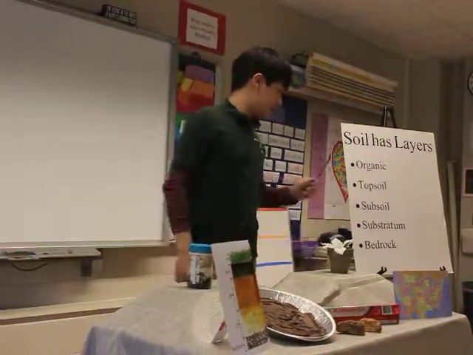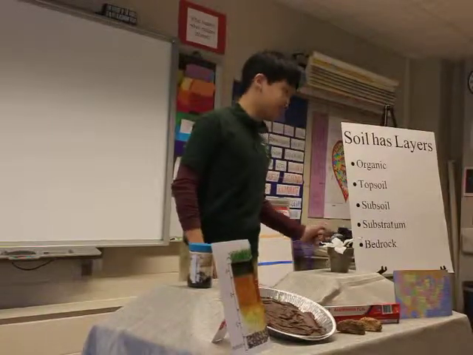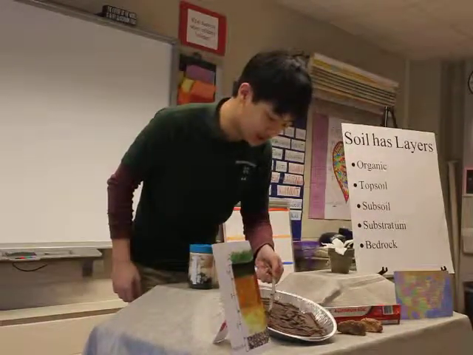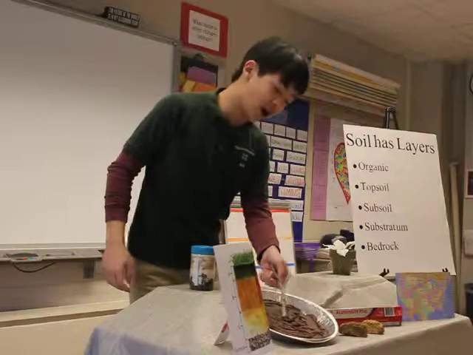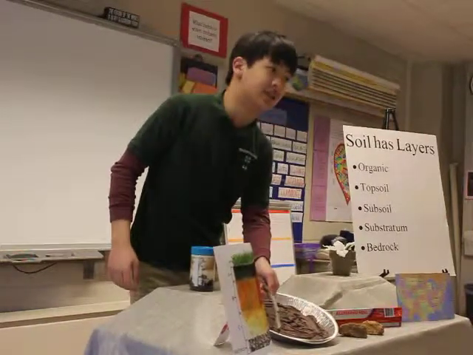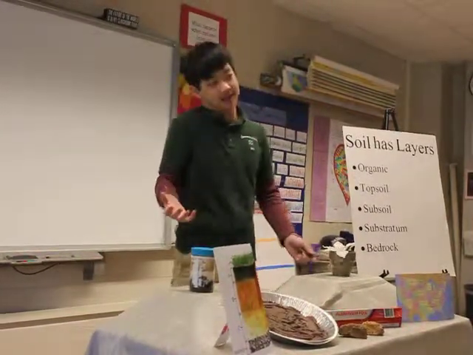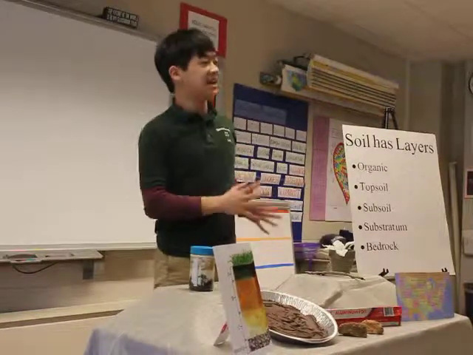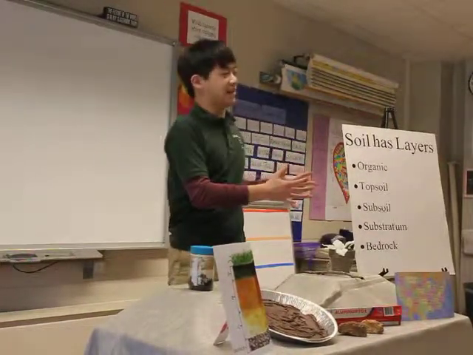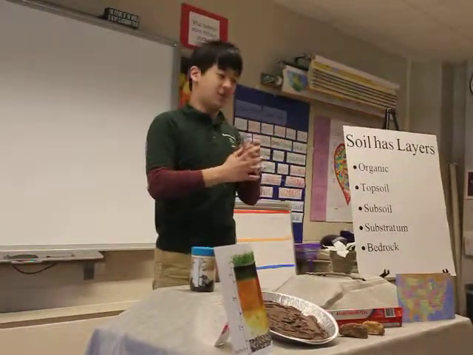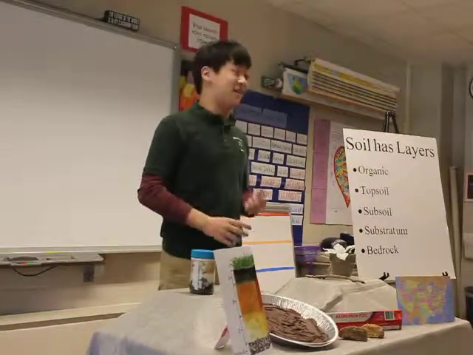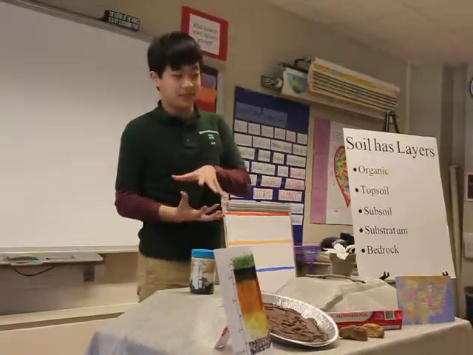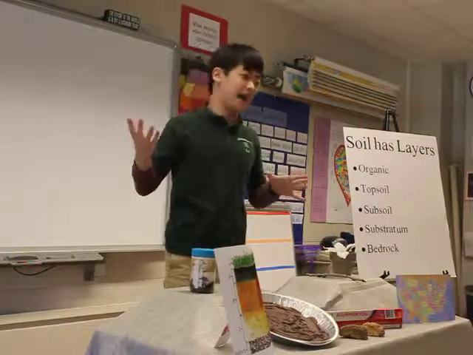Then we have the substratum and the bedrock. The substratum is the layer that is made up of scattered rocks, and the bedrock is the layer that is just rocks. The substratum is the last layer that is really counted as soil, because the rocks that make up the bedrock are too tightly pressed together to be removed by hand.